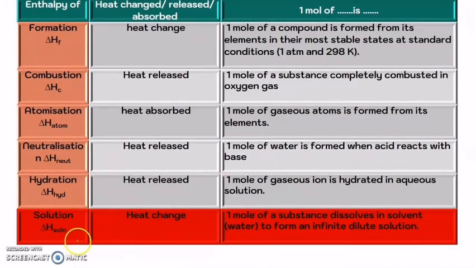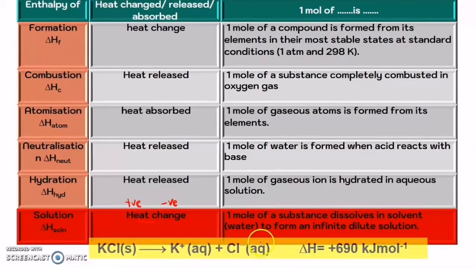And finally, enthalpy of solution is heat change. Heat change means it can be a positive and it can also be a negative value. It is when 1 mole of a substance dissolves in solvent, which is water, to form an infinite dilute solution. For example, KCl solid. KCl solid, or potassium chloride, is the substance that is going to dissolve in water.